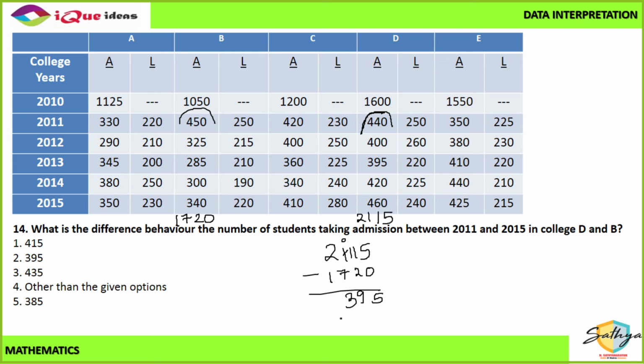Did I go wrong or did I do it correctly? Just check the calculations, guys. You get the answer?